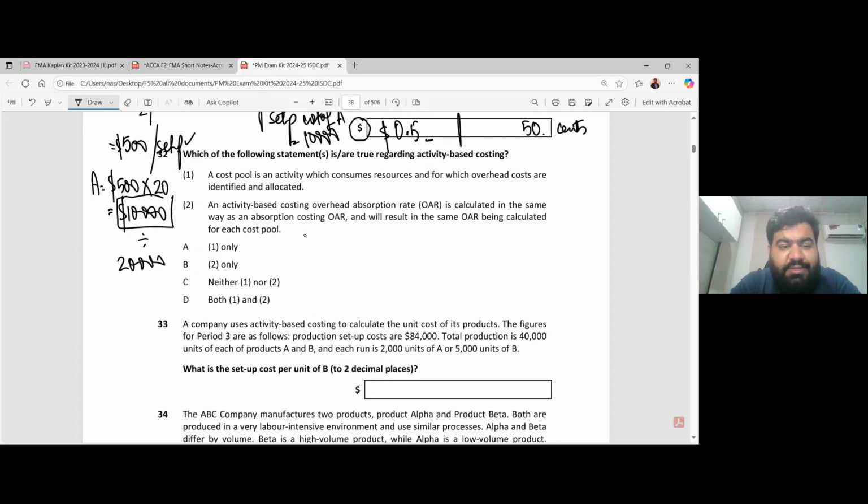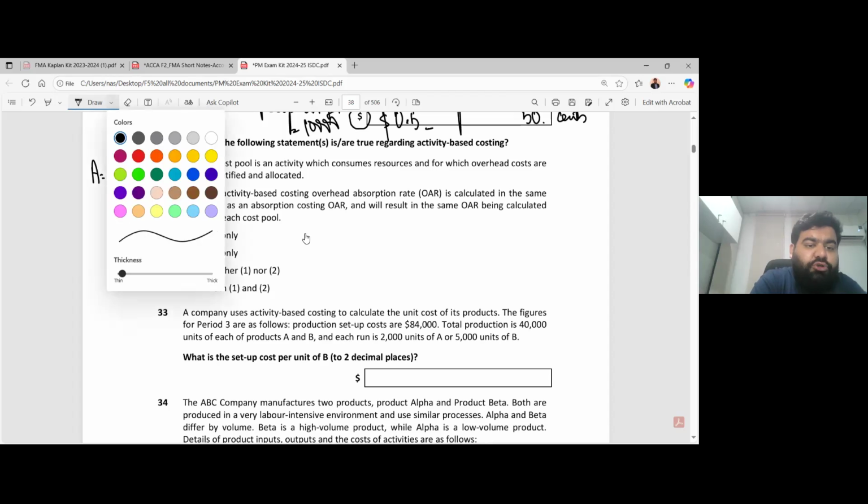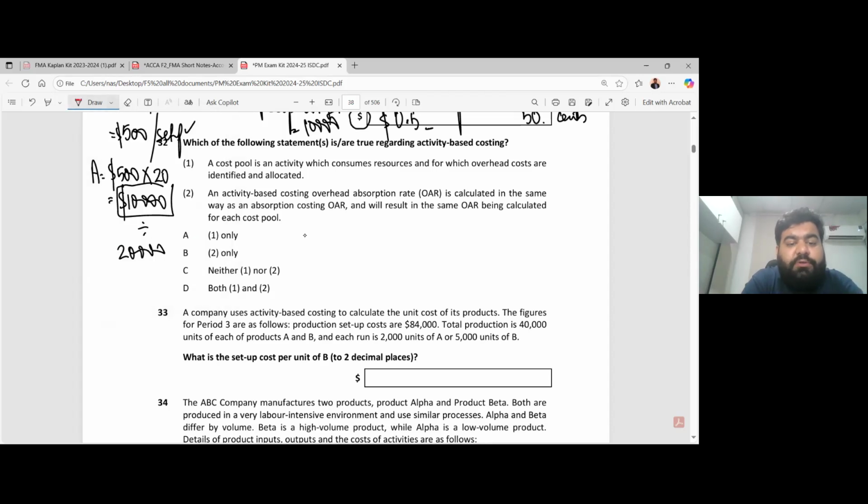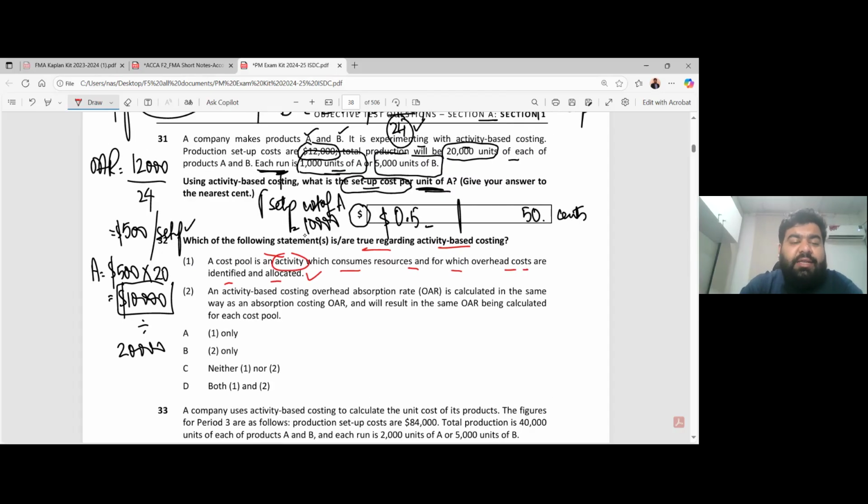Okay, after that, there is a theoretical MCQ. Which of the following statements is true regarding ABC? A cost pool, basically the overhead budget, is an activity which consumes resources for which overhead costs are identified and allocated. Okay, correct definition. Basically, a cost pool is like setup cost.